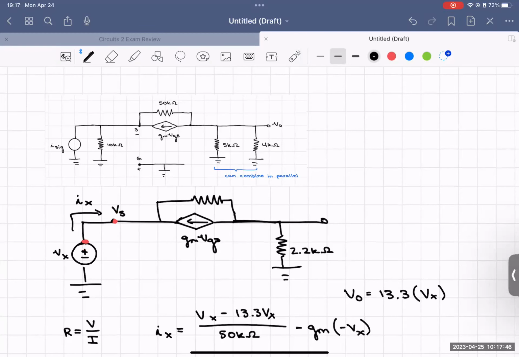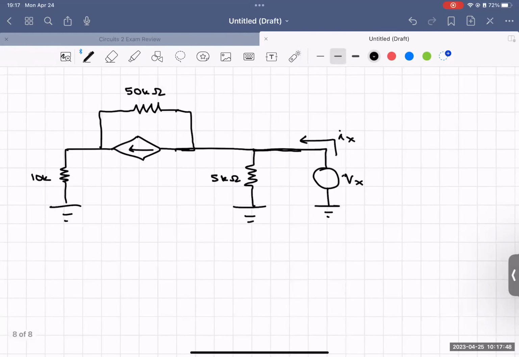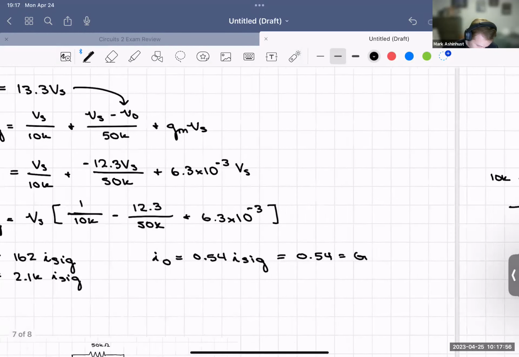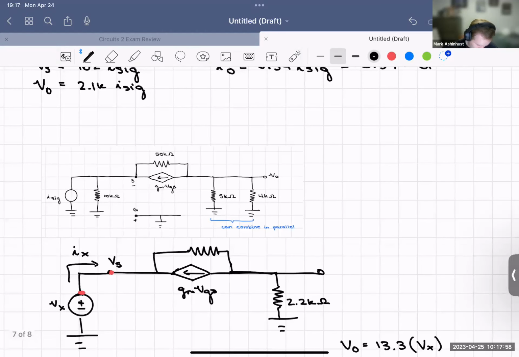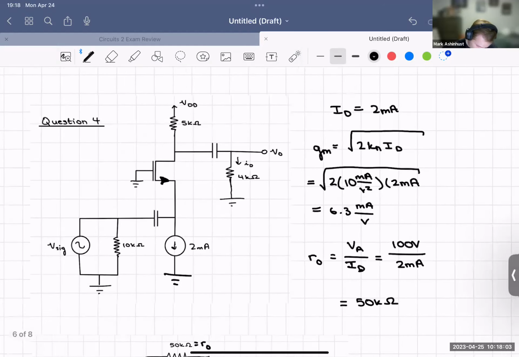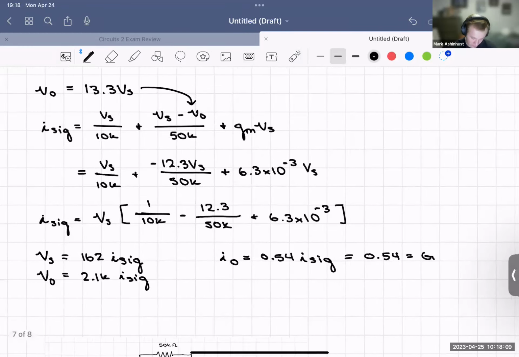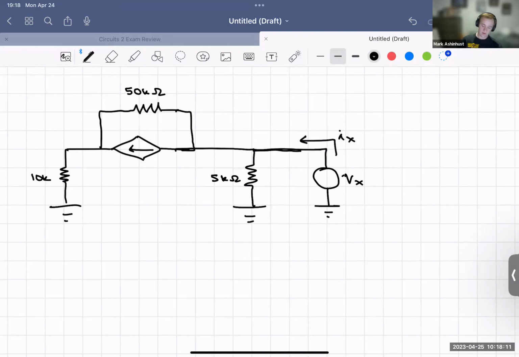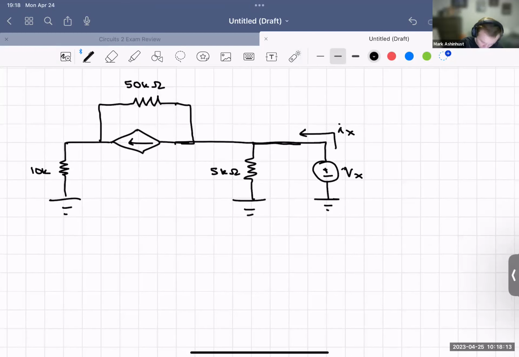Okay, that makes sense. I was just making sure because you added the 10K on the Rout. Yeah, it helps if we look at the original circuit for this. Exactly what you said. Okay, cool.